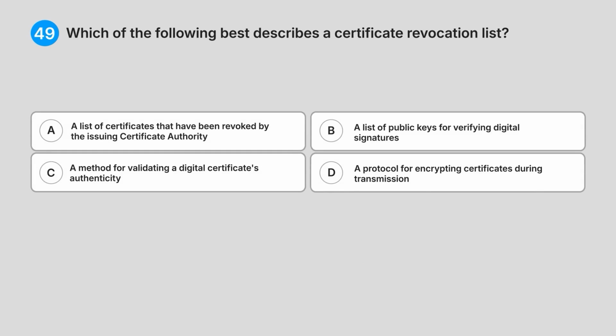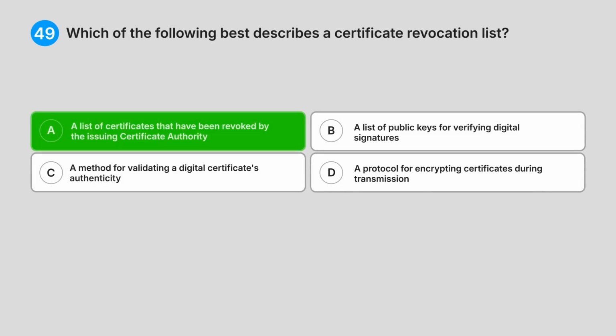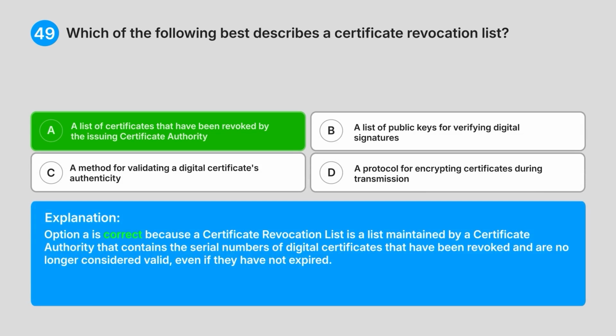Correct answer, A. A list of certificates that have been revoked by the issuing certificate authority. Explanation. Option A is correct because a certificate revocation list is a list maintained by a certificate authority that contains the serial numbers of digital certificates that have been revoked and are no longer considered valid, even if they have not expired.